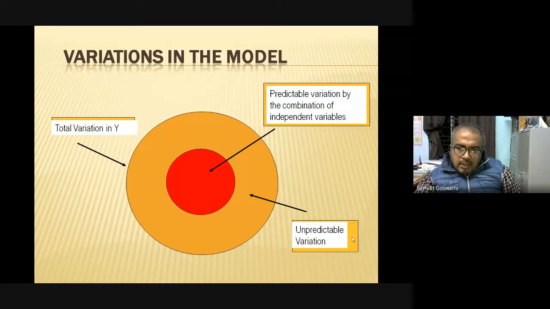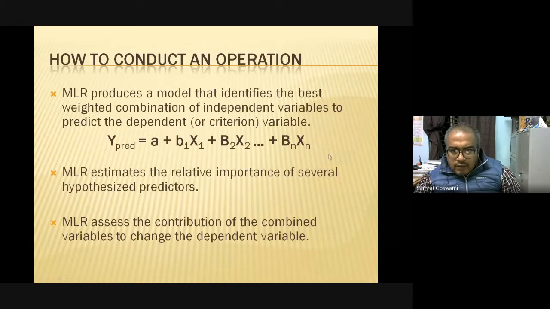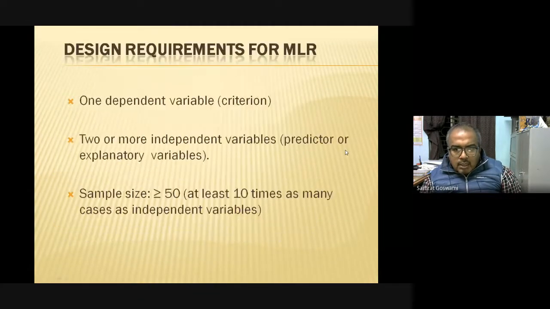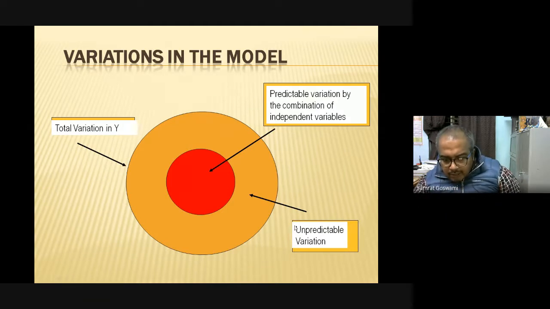Apart from that, there are unpredictable variations. So you can remember that after this there can be another term, which is an uncorrelated error term. The variables that you have incorporated in the model, maybe there are one or two more variables which have not been incorporated in the model, but they also have some small effects on the variation of y. So that is the unpredictable variation.